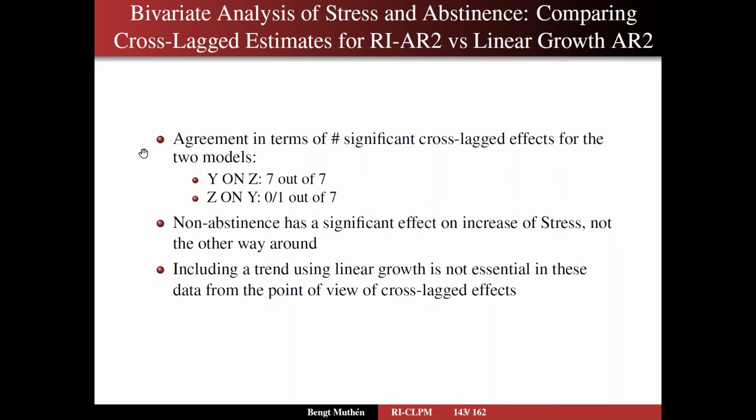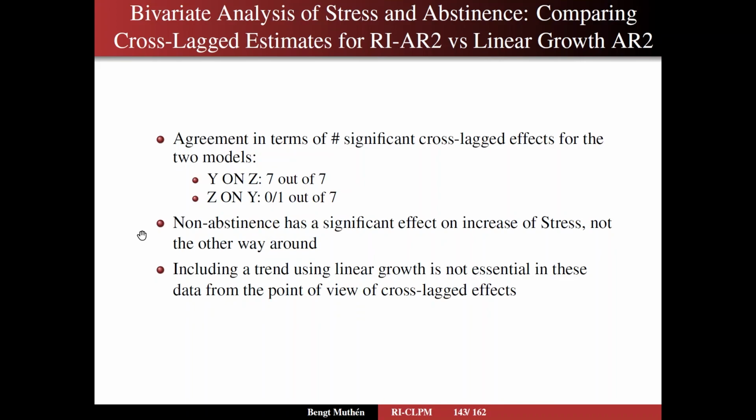We get agreement for Y on Z. 7 out of the 7 cross-lagged effects are significant in both models, and Z on Y is largely insignificant. The linear growth model has 1 of the 7 cross-lagged effects significant. So the conclusion is that non-abstinence has a significant effect on increase of stress, not the other way around.